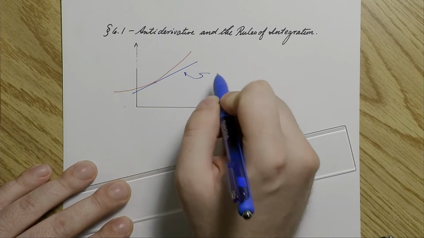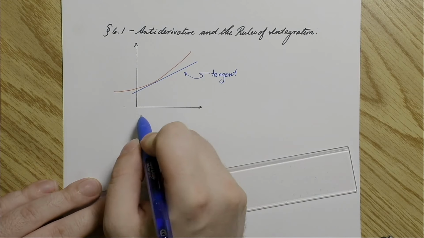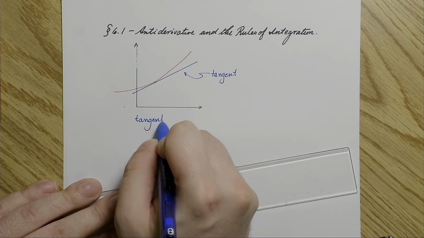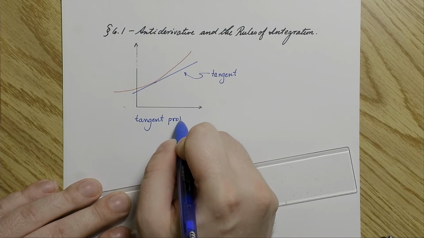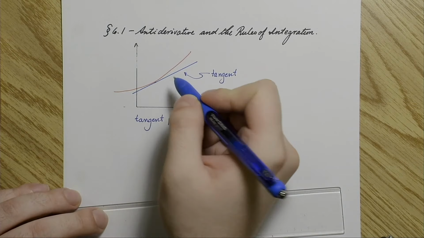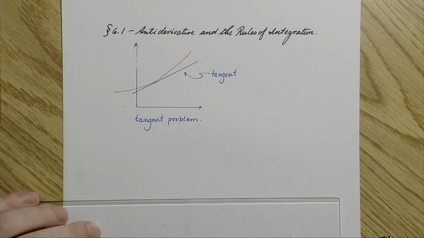This was the tangent problem, and from there we came up with the idea that the slope of the tangent is the derivative.